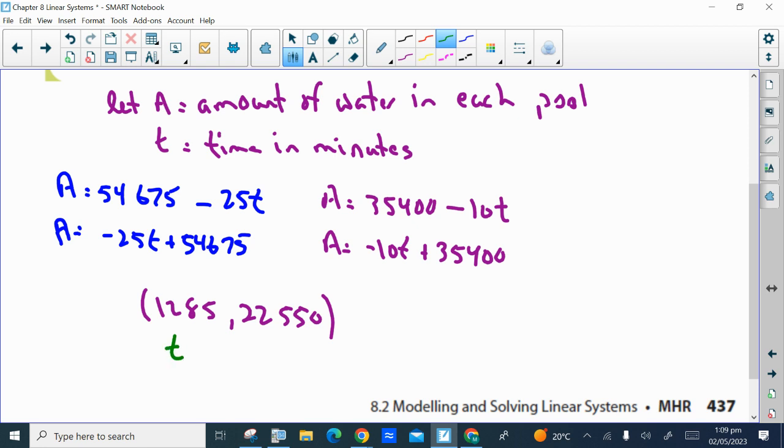So the variable that's inside the equation is t. Normally that would be x, but now it's t. The variable outside the equation is a. Normally it's y, but in this case it's a. So this means after 1285 minutes, the two pools will have the same amount of water in them. They'll both have 22,550 liters.